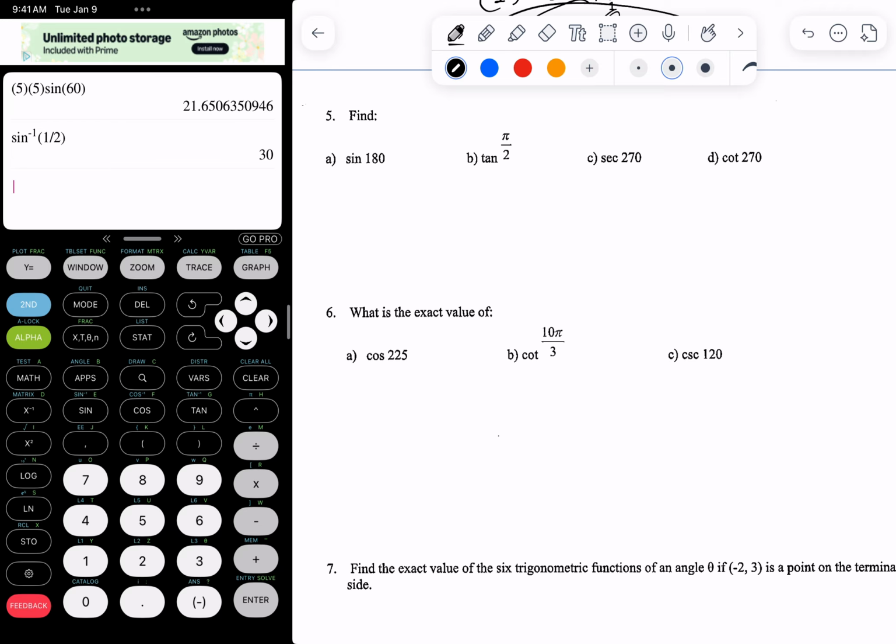Now we're going to find sine 180. For this, you just have to know your unit circle.